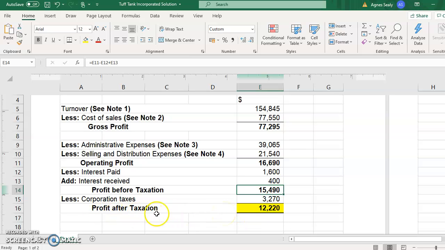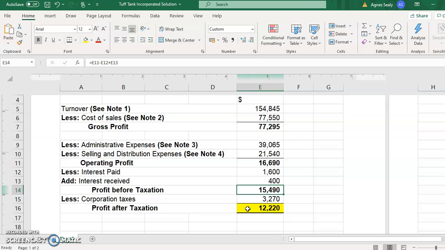$12,220. Now, for a company, you will have to go on and prepare something called a statement of changes in equity, where you look at how you appropriate this profit. You add the profit that you would have had before to it. If there was a loss, you would subtract that from it, and then you would subtract any dividends that were paid or any reserves that would have been transferred during the period.